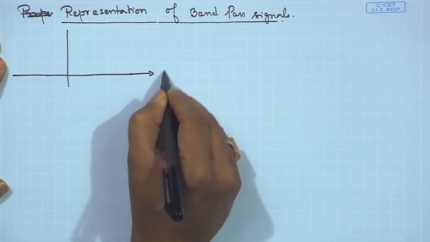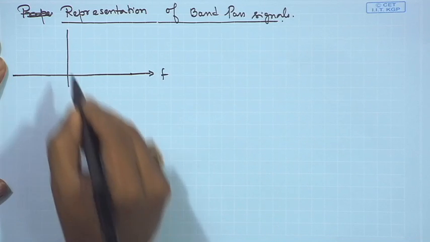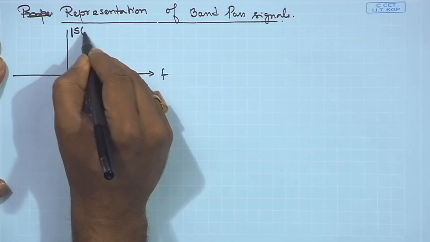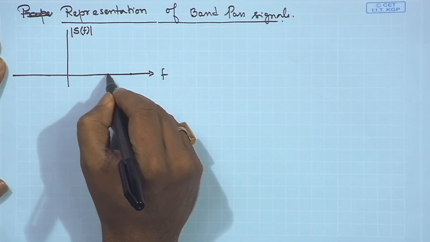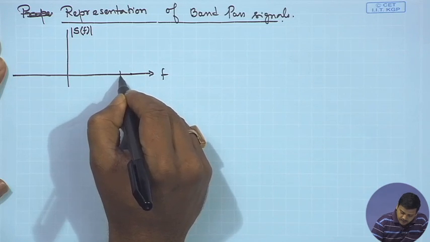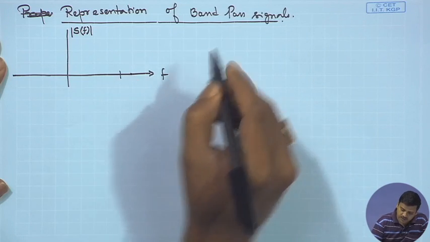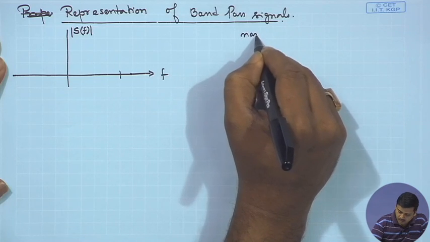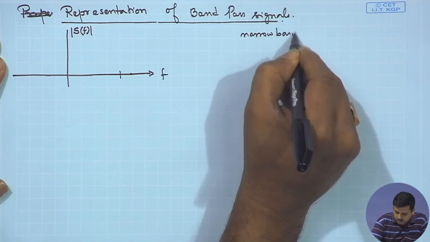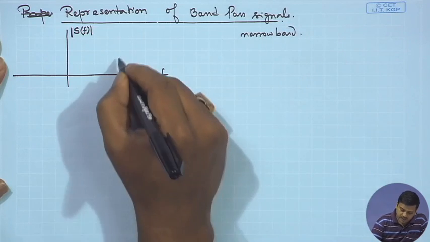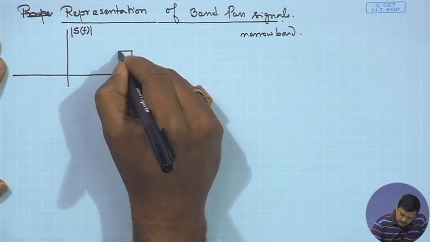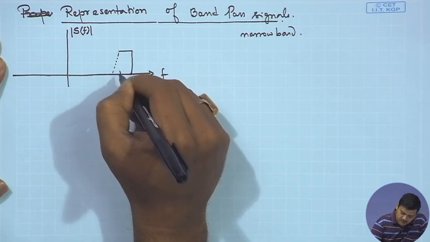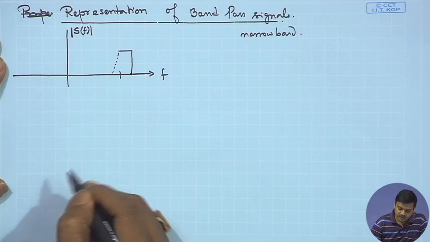let this be the f axis and let this be the mod of S of f. So, if we are looking at a signal which is narrow band, that means it is centered around the carrier. Beyond the carrier there is no signal, and if it is a sideband, it would look like this.